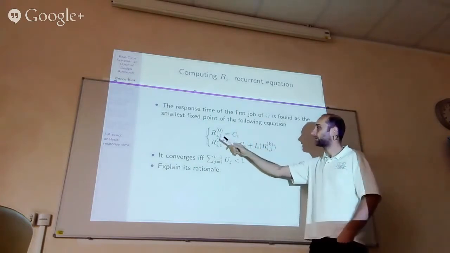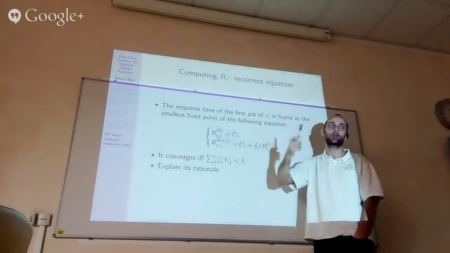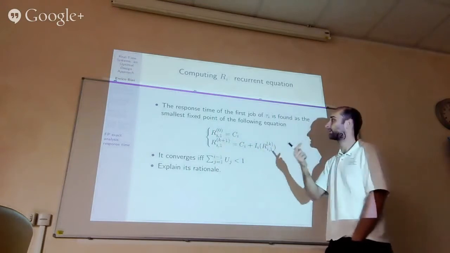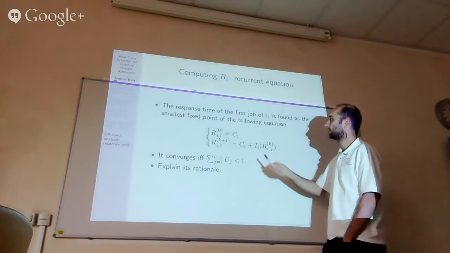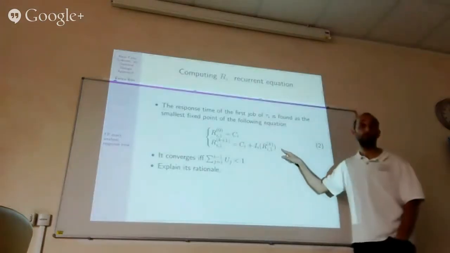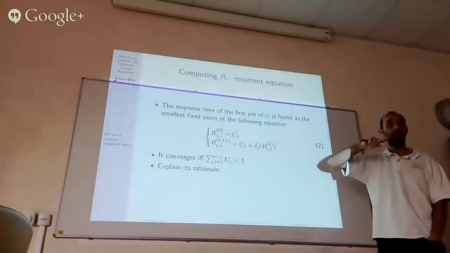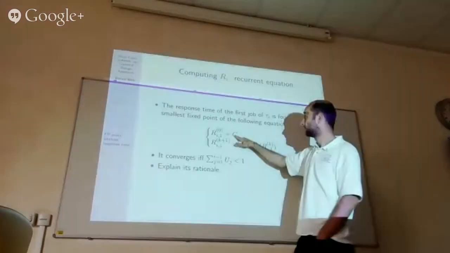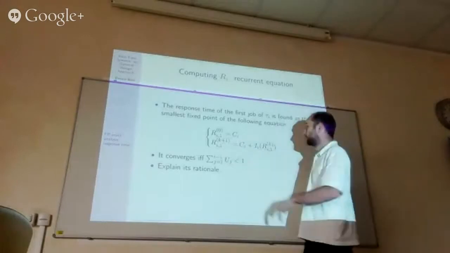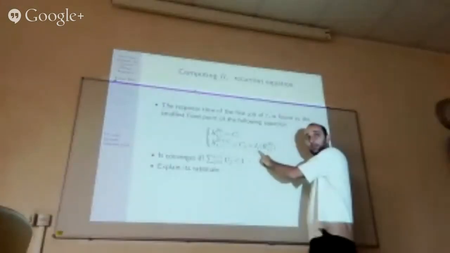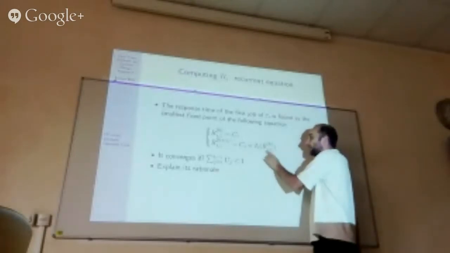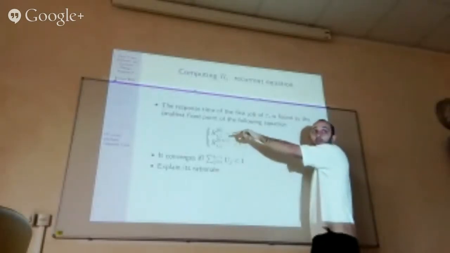I denote Ri1 as the response time of the first job of the task i, and here I denote the index of the iteration. Did you ever see this response time analysis before? Okay? So we start with the computational time here, and then the next iteration is the computational time of the task plus the interference in an interval of length the previous response time.